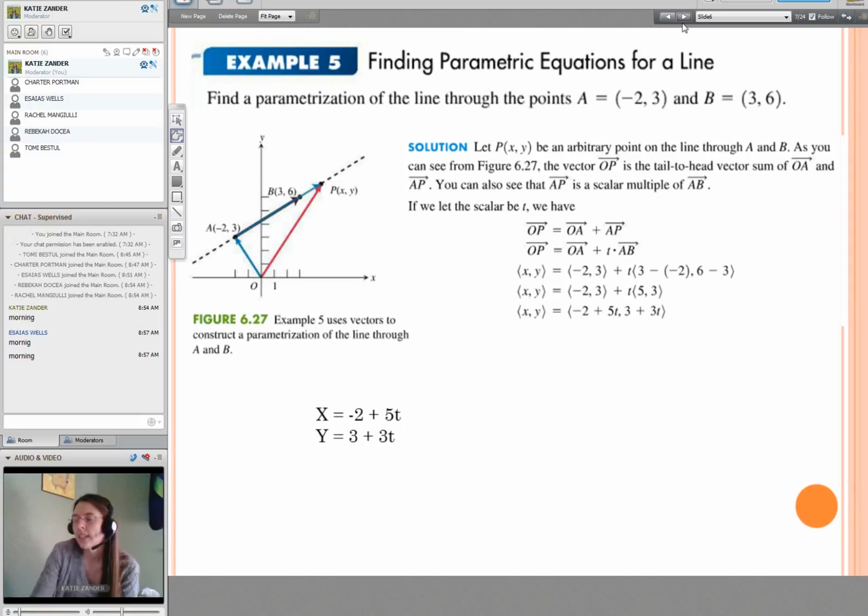The last thing we touched upon in class on Tuesday was finding the parametric equations for a line, starting from the origin out to point A and then from A to B using that head minus tail rule and multiplying by that t variable.